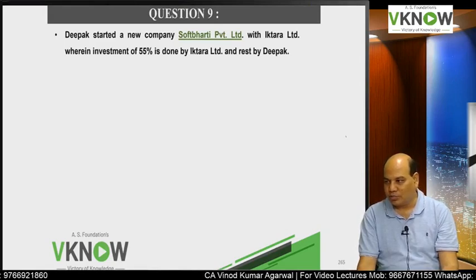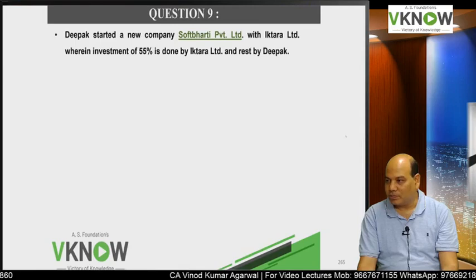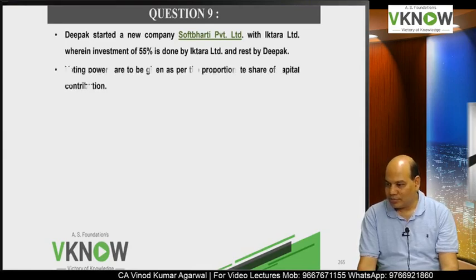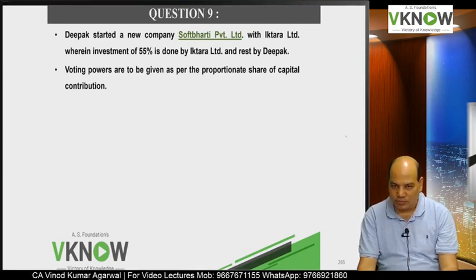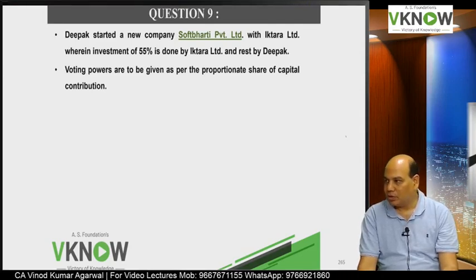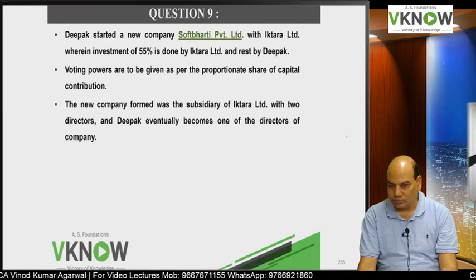So who is the holding company here? Iktara is the holding company, Soft Bharti is a subsidiary company, and Deepak is a non-controlling interest. Okay. Voting powers are to be given as per the proportionate share of capital contribution. So Iktara will have 55% shareholding, Deepak will have 45% shareholding.